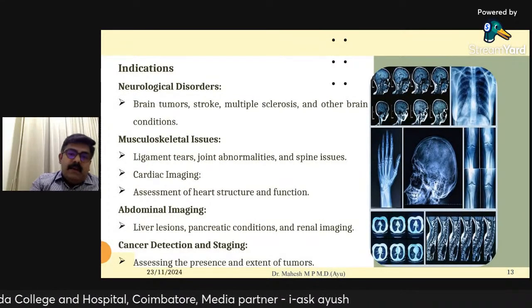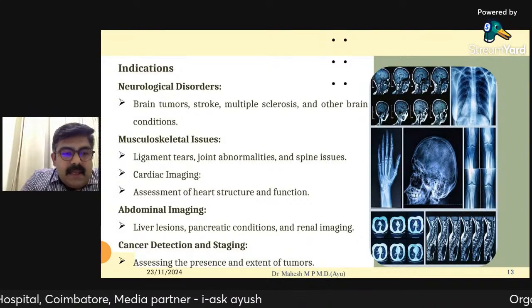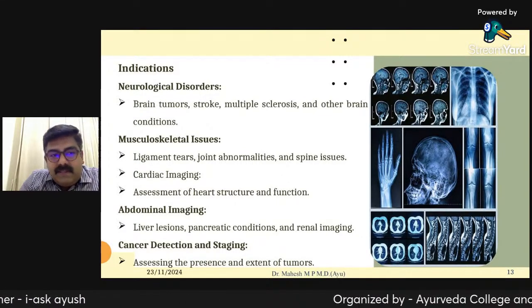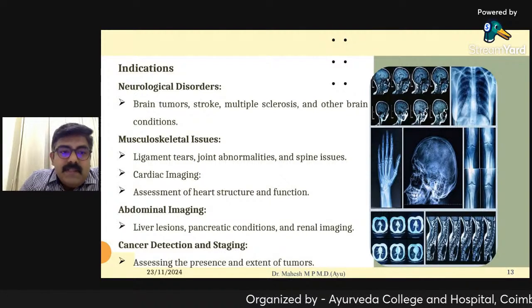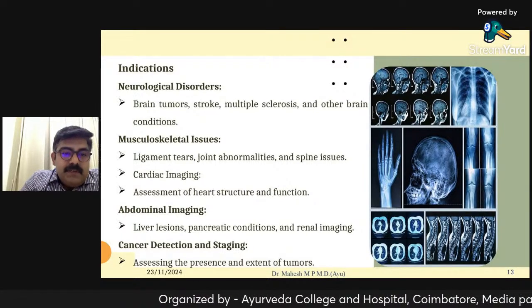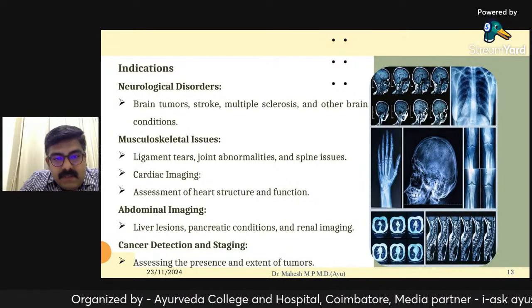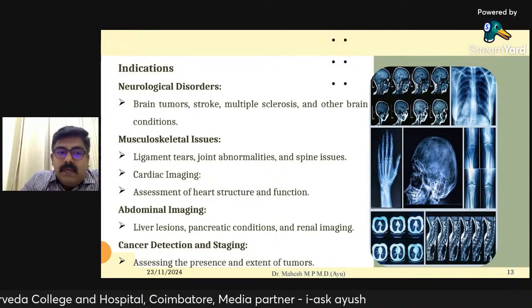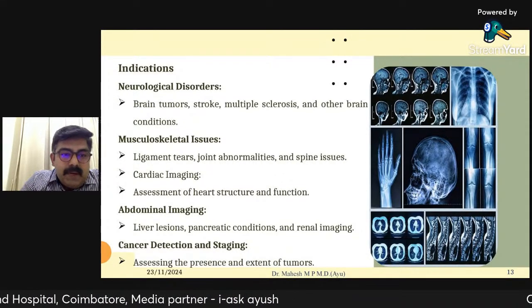Next is, when does an MRI scan have to be done? Which are the indications for an MRI scan? Neurological disorders like brain tumor, stroke, multiple sclerosis, and other brain conditions are recommended to have MRI.